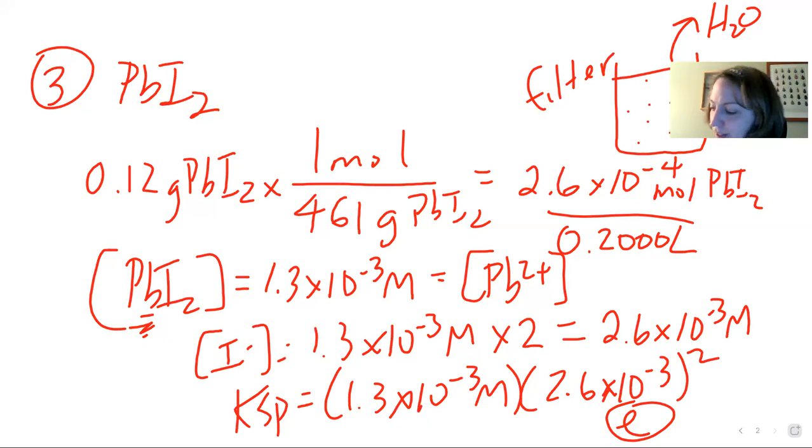In the language, it said 200 mL of a saturated lead iodide solution. It didn't say anything about having any extra precipitate. If there was precipitate, that just means they'd gotten rid of it. They might have filtered it off if there was extra, so you just had the ions left.